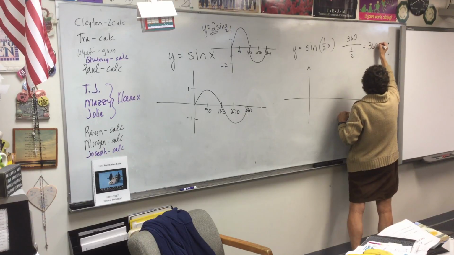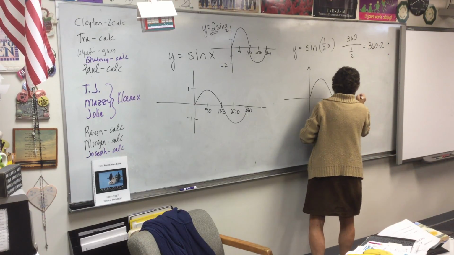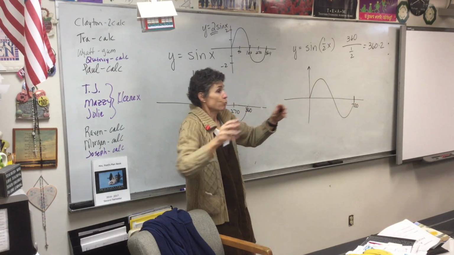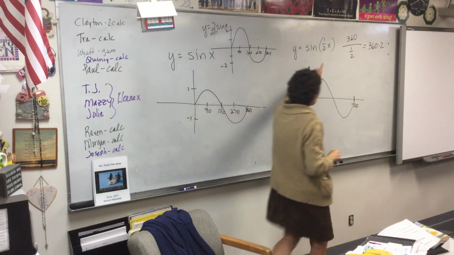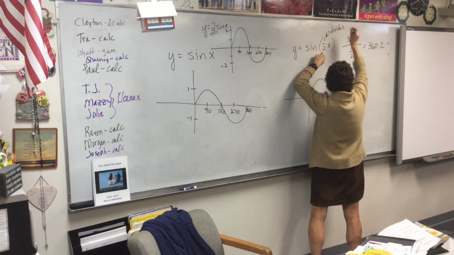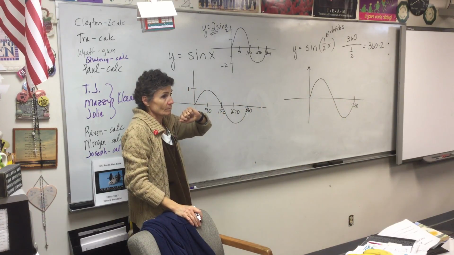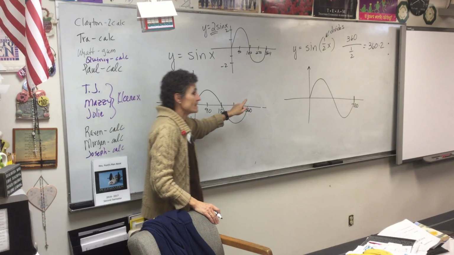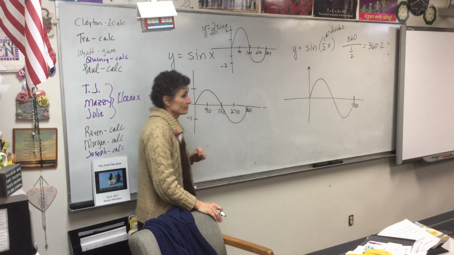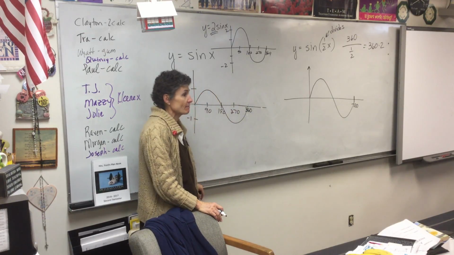So this is 360 times 2. So my sine graph is now going to stop at 720. It's twice as long. This number right here divides your ending point. Your ending point is supposed to be 360. Divided by 1/2 is 720.